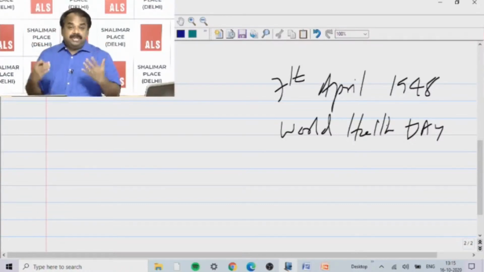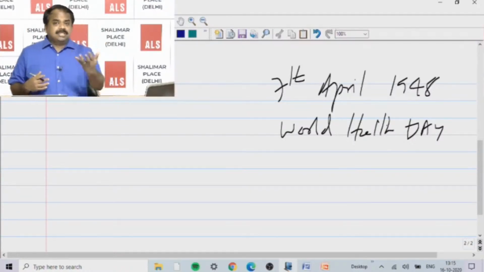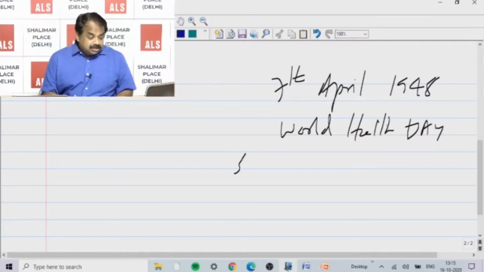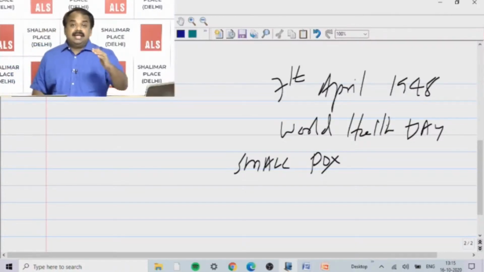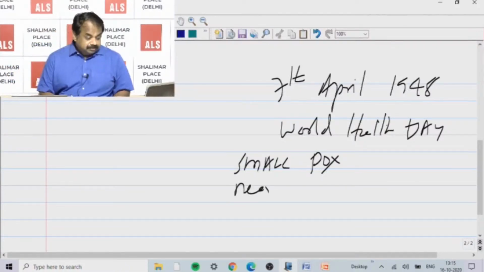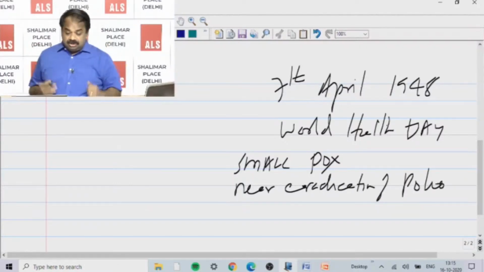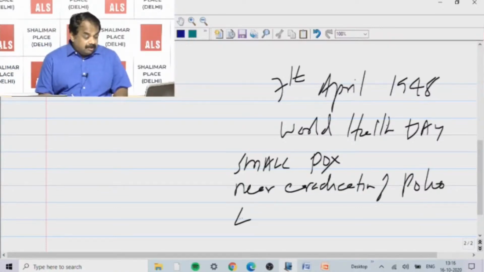And some of the achievements, if you look at the WHO, tremendous achievements, no doubt, regarding the eradication of smallpox. I mean, always, one of the achievements we talk about is smallpox. Then near eradication of polio. Then development of vaccines for Ebola virus, the Ebola vaccine.